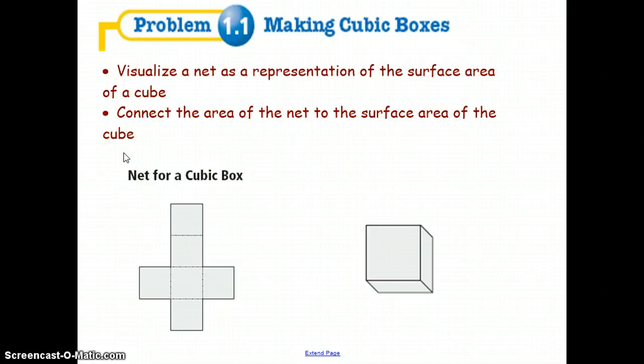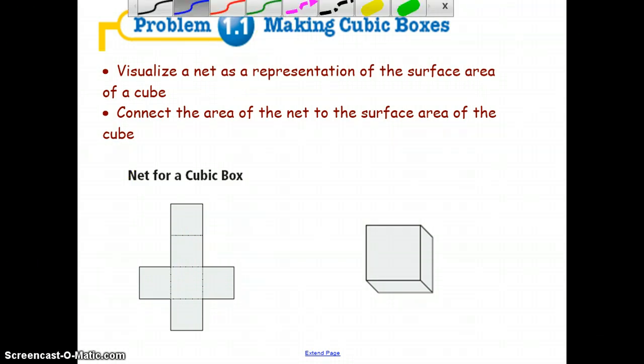For this problem, here are our goals. Visualize a net as a representation of the surface area of a cube, and connect the area of the net to the surface area of the cube. Our hope and our goal is that you can understand that a two-dimensional object can be cut or folded or made into a design that allows you to make a three-dimensional object.